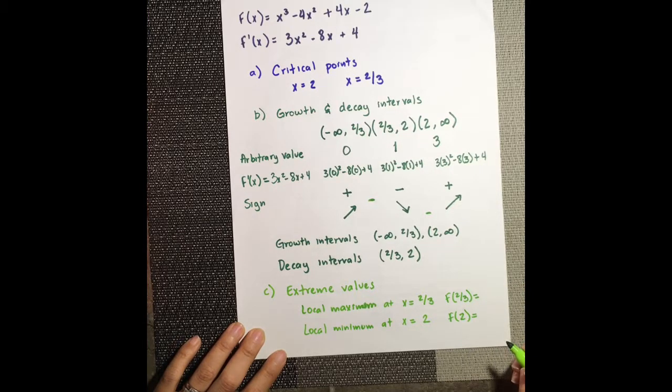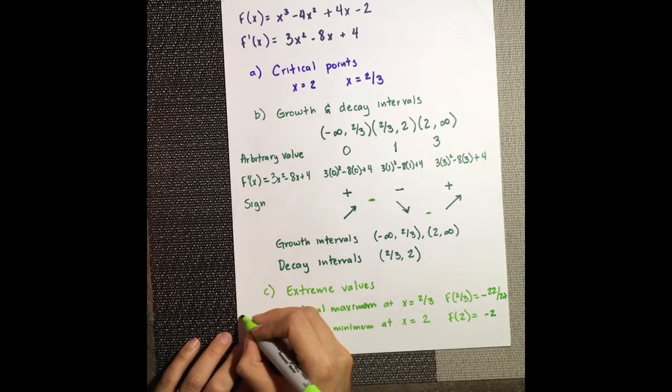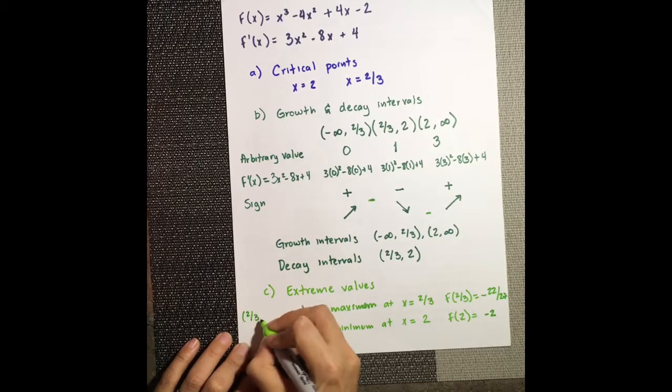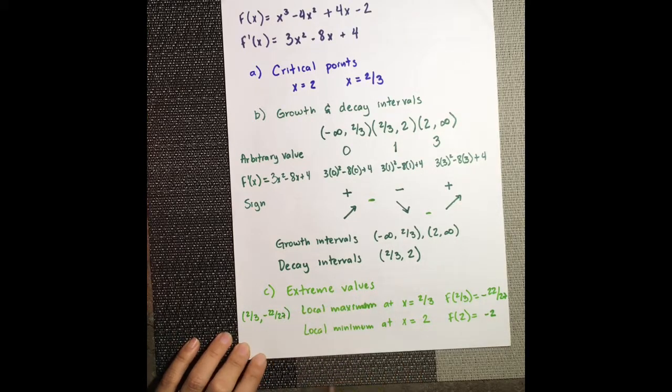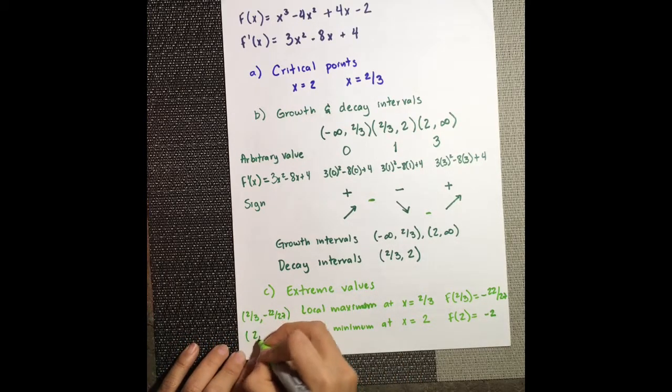You can just do this with your calculator if you have the time. And you're going to get minus 22/27 and minus 2. So at the very end, you're going to be left with actual points: 2/3, comma, minus 22/27 and 2, comma, minus 2.